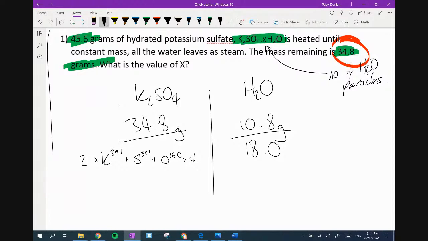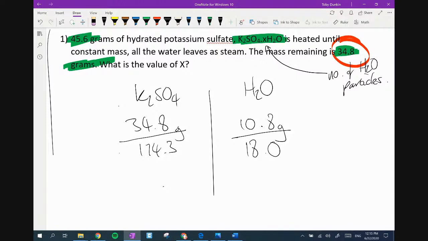So 39.1 plus 39.1 plus 32.1 plus 16 times 4 gives me 174.3. Get rid of that stuff now because you can't use that. That's going to lose me a mark. 174.3.